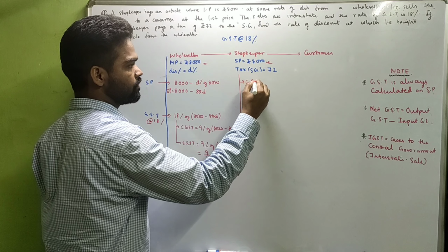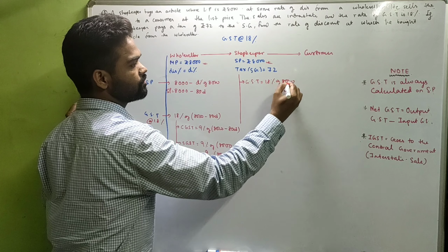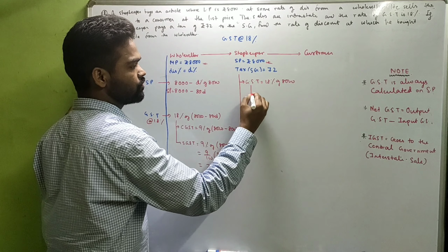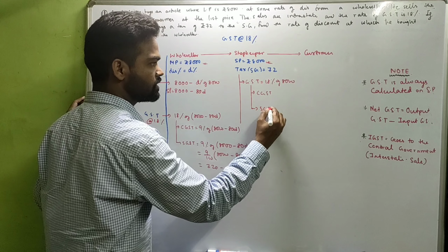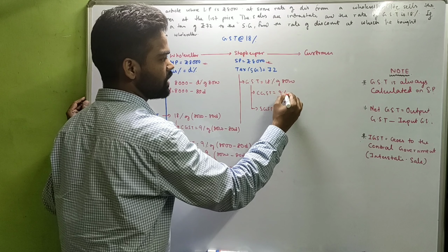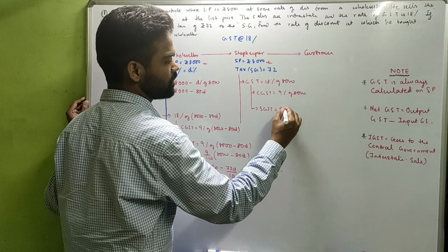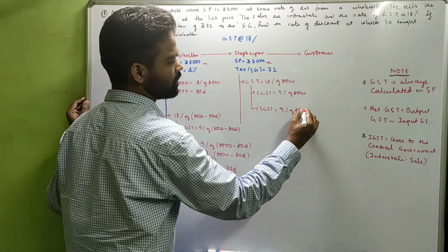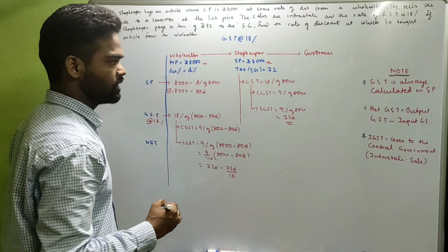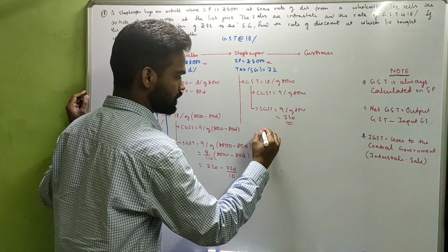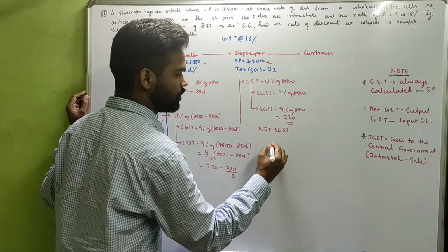And in this case, if you see, we'll find the tax. GST will be what? 18% of 8,000. This again divides into two parts, CGST and SGST. CGST is 9% of 8,000, and this is 9% of 8,000. That is 720. Now, the net SGST, how do you find?